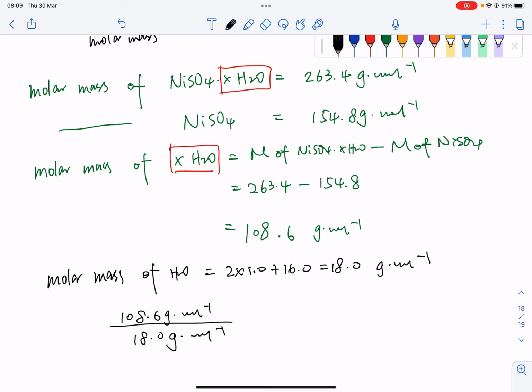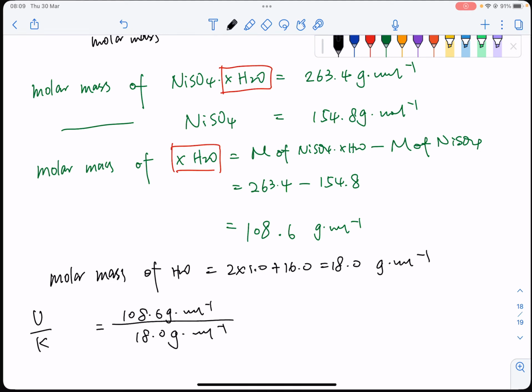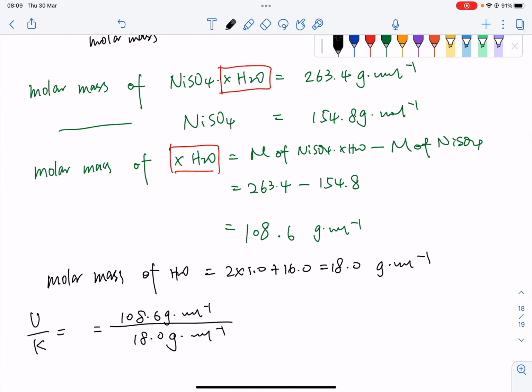This is similar to the unknown over known approach: U represents this one, and K represents our water here.